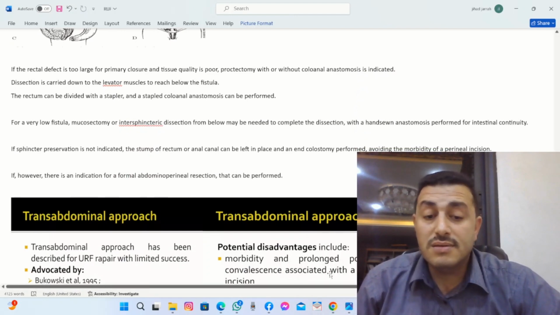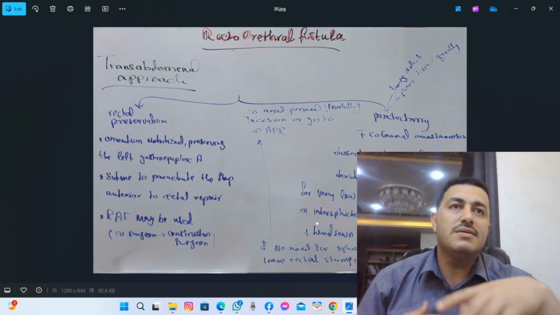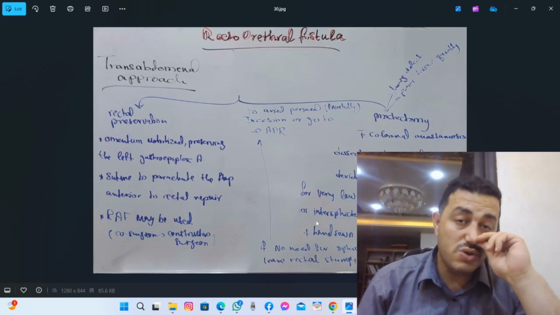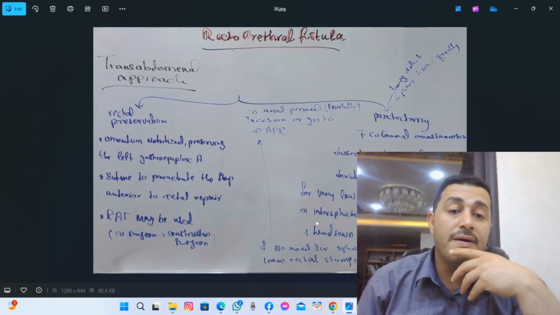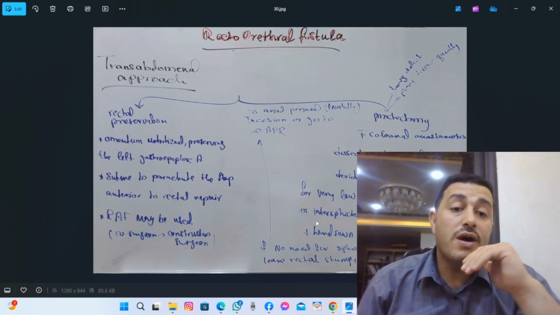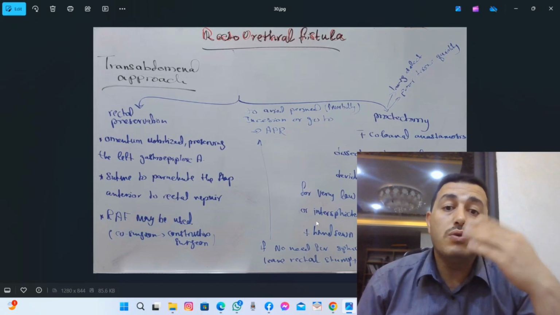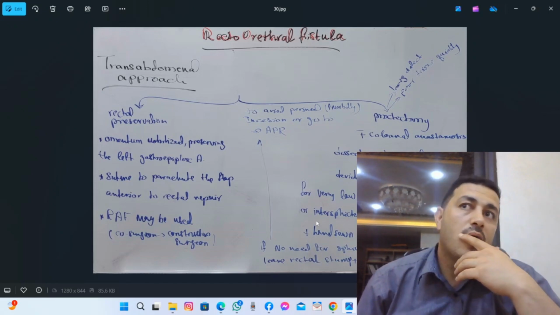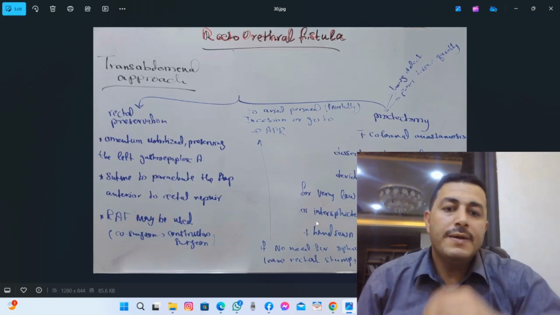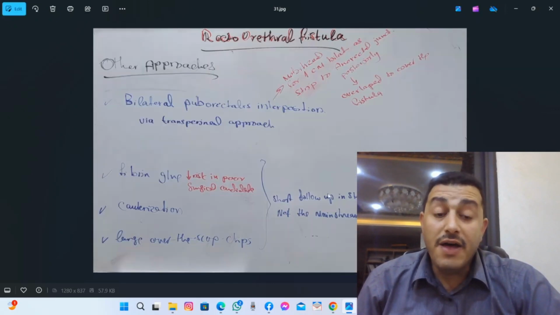Again, if I cannot preserve the rectum because it's a huge defect, very bad quality tissue, and no ability to bring viable, well vascularized tissue, then here we are talking about coloanal anastomosis, we are talking about APR. Okay, what other approaches?